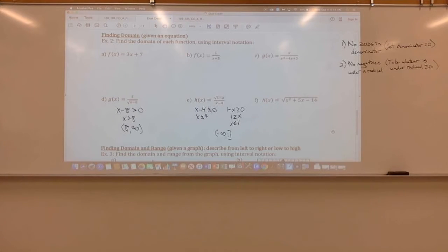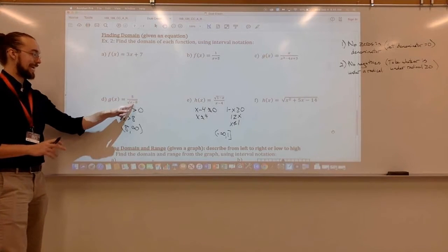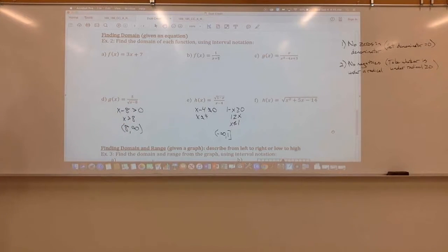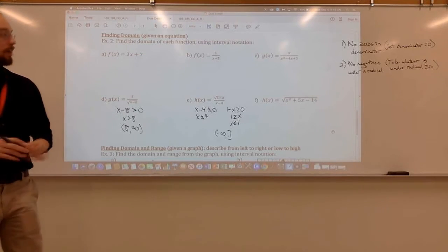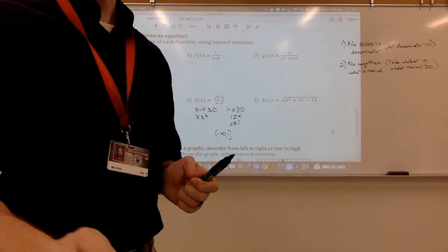Yeah, this one would be a parenthesis because we can't have 8, because that would give us a 0 in the denominator. All right. Any other questions on finding domain from an equation?